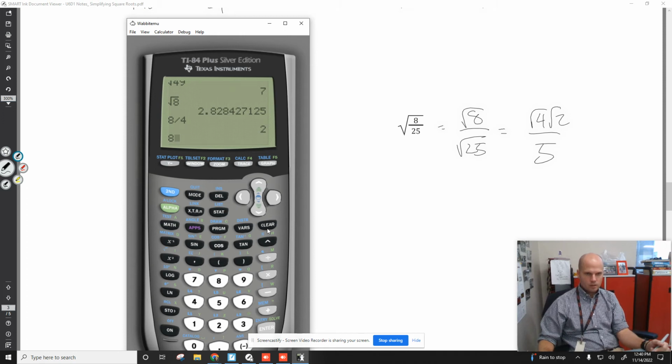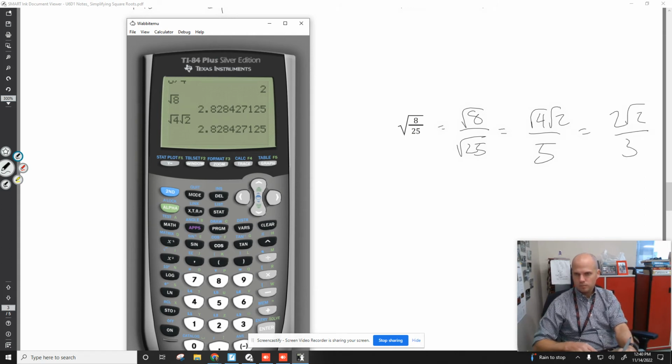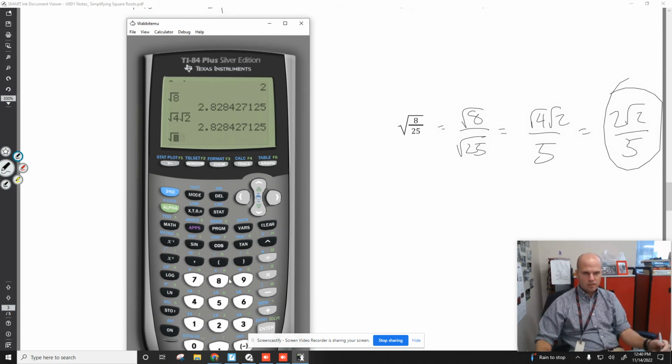Root 8 is root 4 times root 2. Okay, but root 4 is 2. And this would be the right answer. Double checking, the square root of 8 over 25 is the same as 2 times the square root of 2 divided by 5.